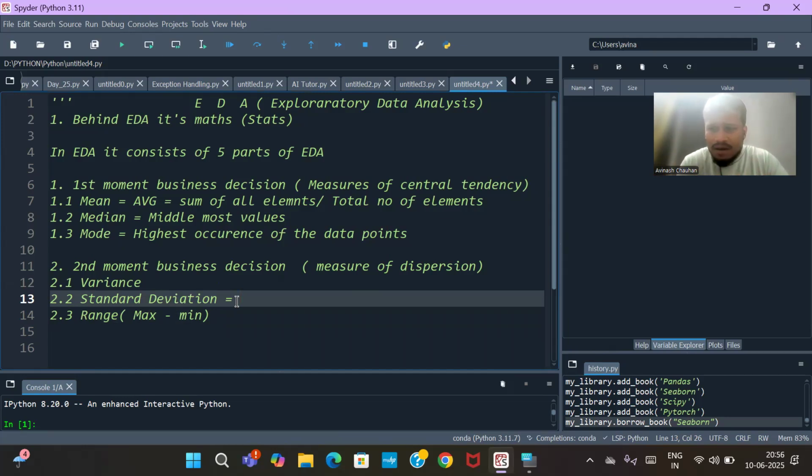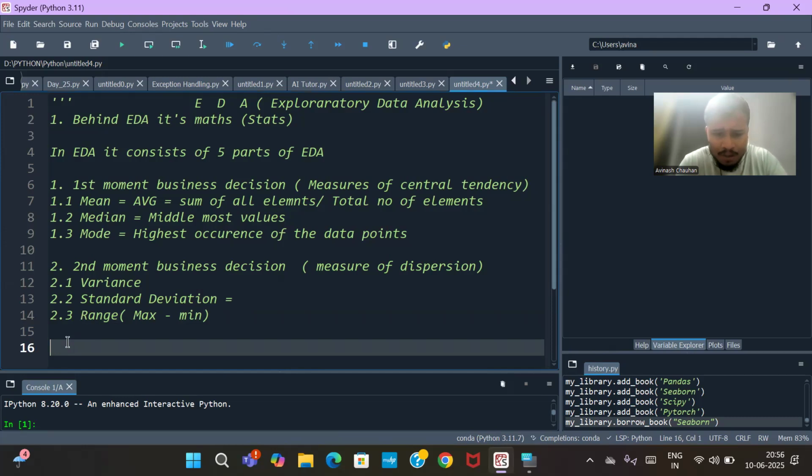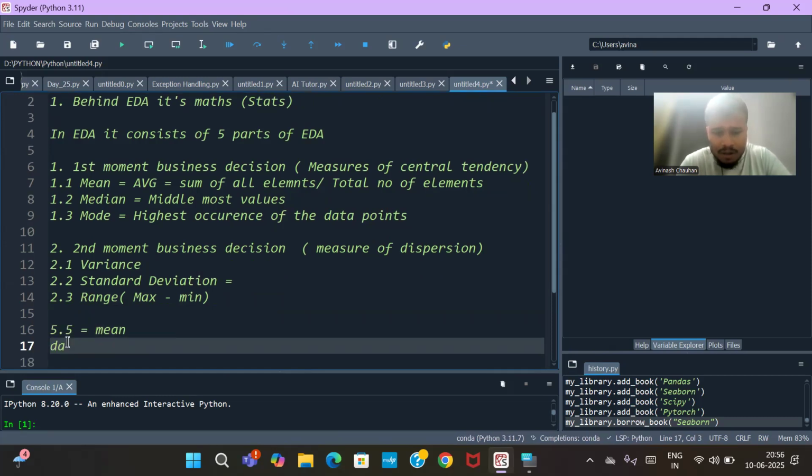For example, say my mean is 5.5. And what are my data points? My data points are, for example, 3, 6, 8, 9, 5.7, 8.9.